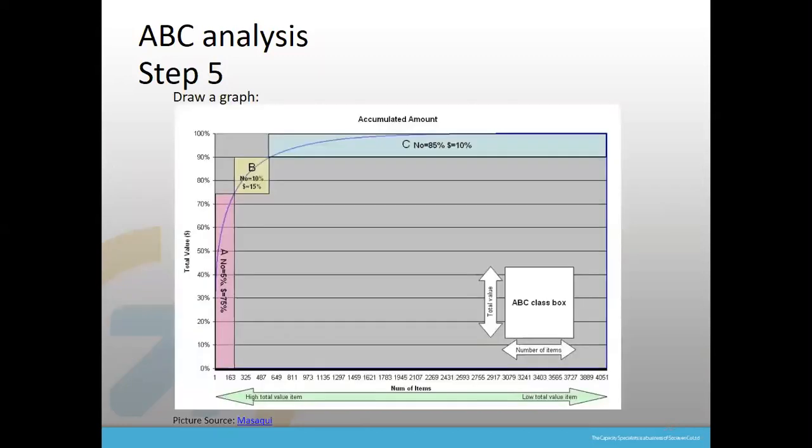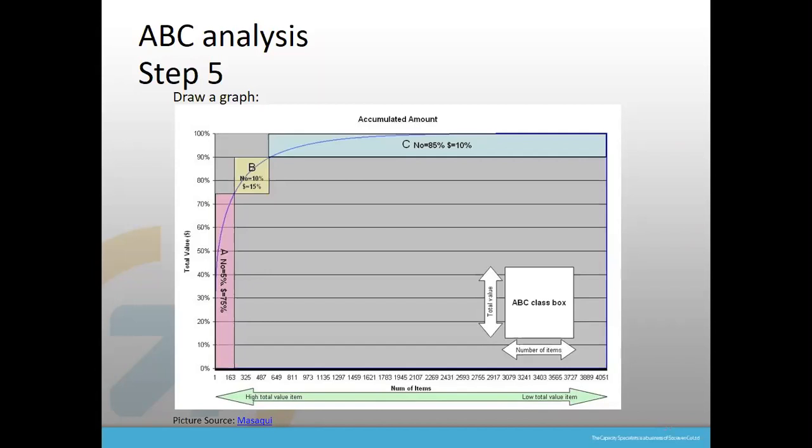Here's a real life example. They have 4,051 SKUs, and category A for them accounts for 75% of the value, which is 5% of the SKUs, or 5% of the items.